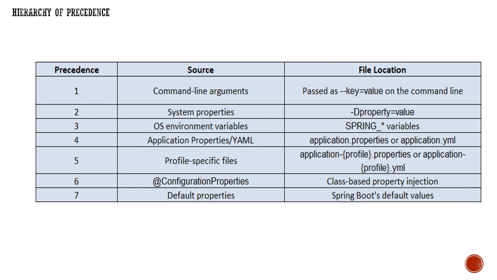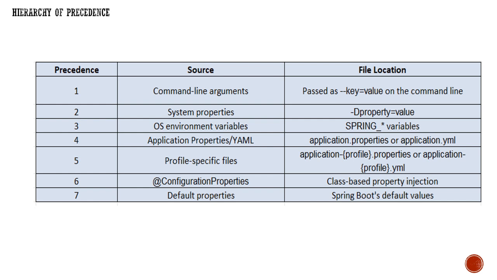Whatever key-value pair you pass on the command line is going to take precedence. Second, you have system properties which you have configured. Third, you have the OS environment variables, that is, SPRING underscore something variables you declare, right? Those are the OS configuration related things.